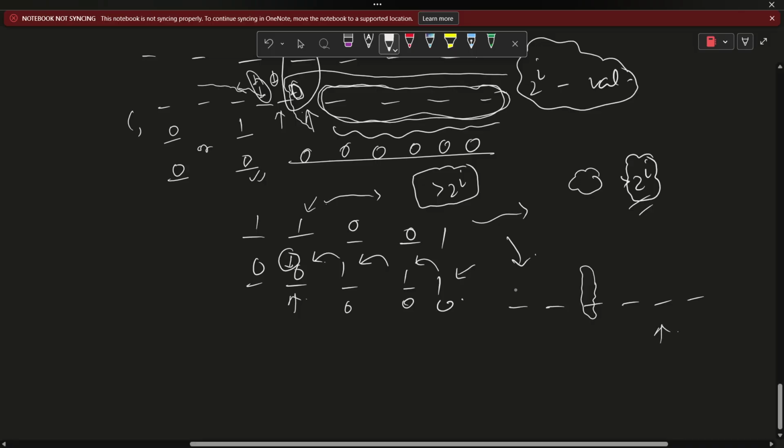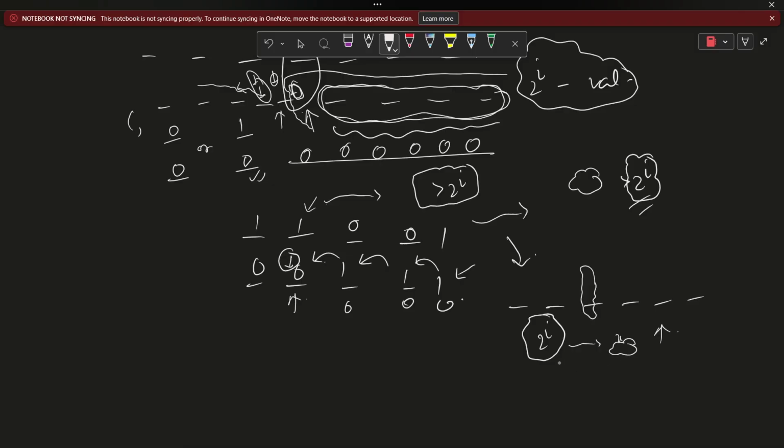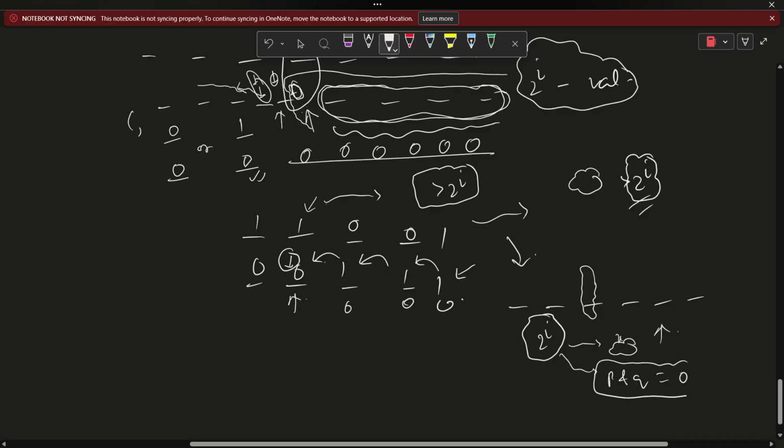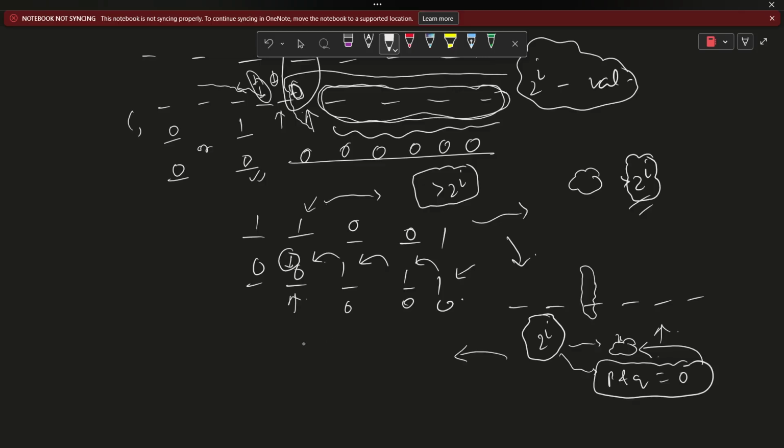For every bit I am adding 2^i, and then I am checking what my required cost X is, and also whether P and Q is equal to 0 or not. If this is 0, then I am going to update my answer if this required cost is the least till now. Otherwise, the other way to do it is just to decrease the numbers.